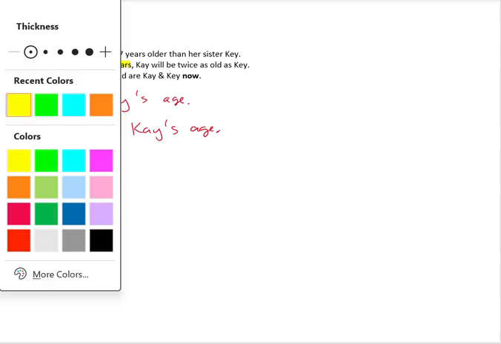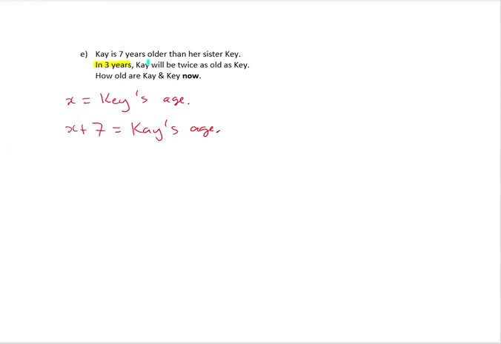So let's just go through this. We know K is 7 years older than her sister Key. So I'm just going to say let x be Key's age. And now we know x plus 7 is K's age. Now, in 3 years' time, K will be twice as old as Key.